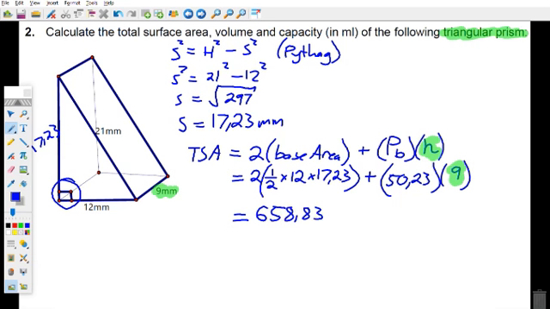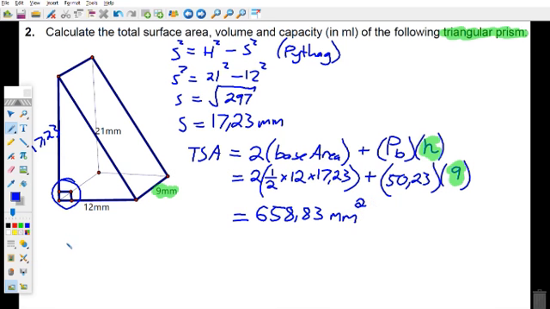Did you get the same as me? 598. Okay, so what's my unit here going to be? Millimeters squared. There.